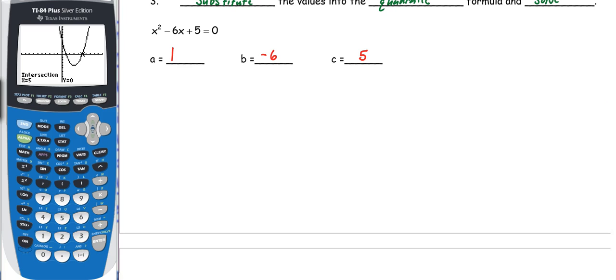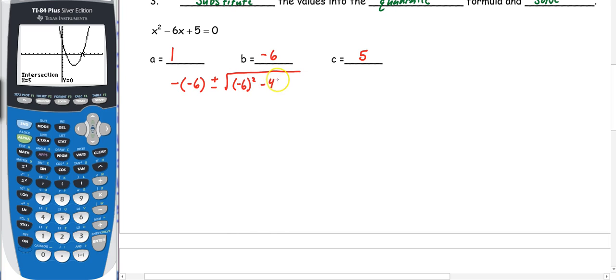So the quadratic formula is negative times the b value plus or minus the square root of our b value squared minus 4 times the a value times the c value all over 2 times the a value. So this is what x is going to equal. So first we're going to simplify this.